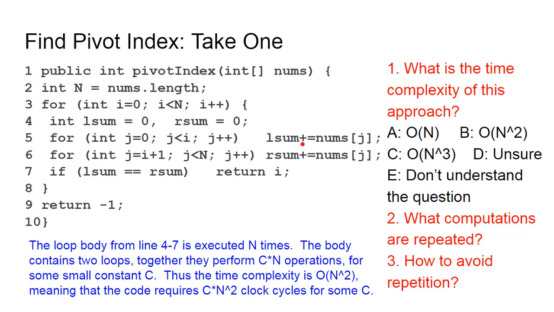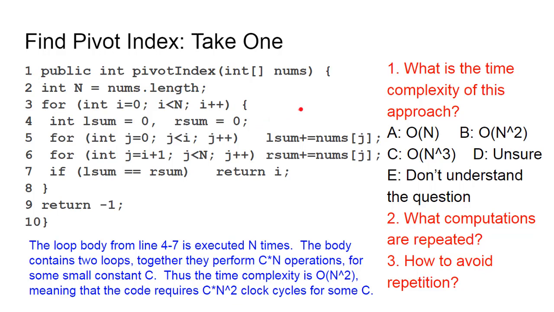They will go through some number of elements to the left, some number of elements to the right, but together they add up to n elements. So we'll be doing an operation that's linear in n inside the loop, and because the loop goes through n times, the total number of operations is some constant times n squared, meaning that the complexity is big O n squared.